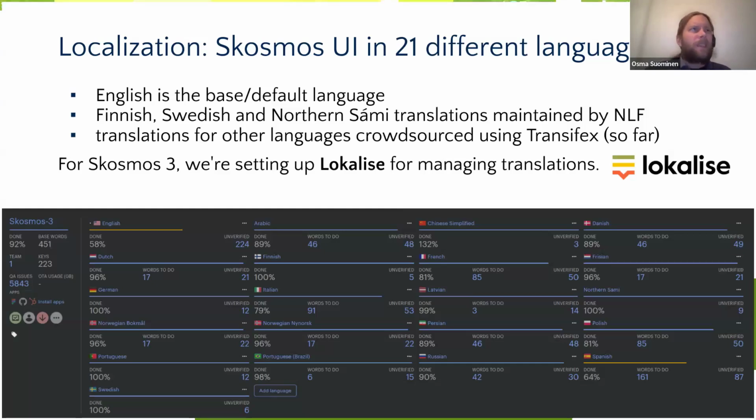Transifex has worked reasonably well, but it has its problems, and we wanted something that integrates with the Symfony Translate framework that we are using, so we are switching to Localize, which is another platform, and we're allowed to use it for free because we're an open source project. So we are probably going to set up a similar kind of crowdsourcing workflow on Localize, but we just started using it last week, so it's early days.